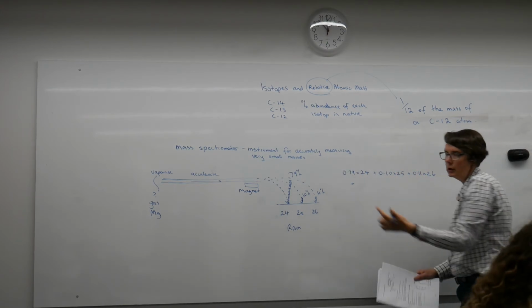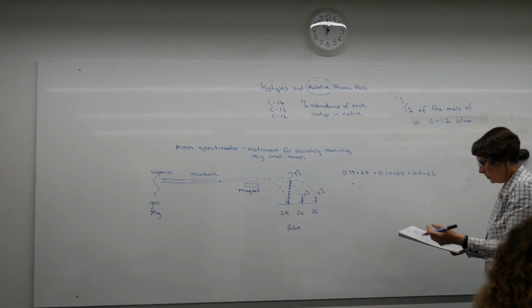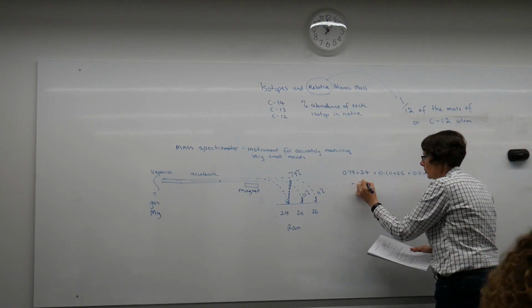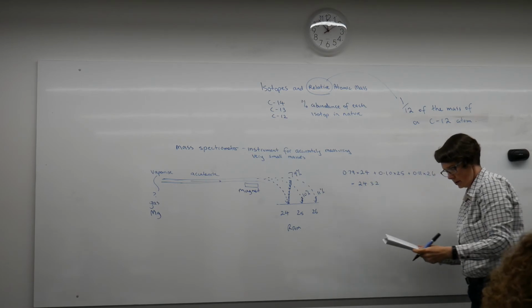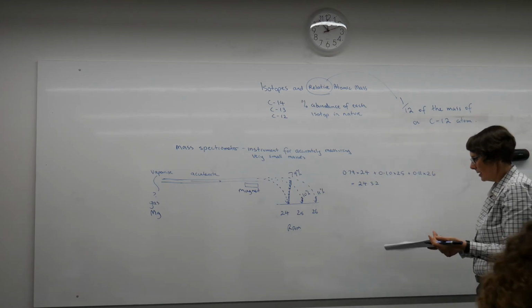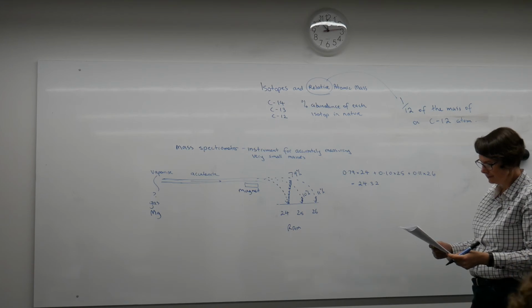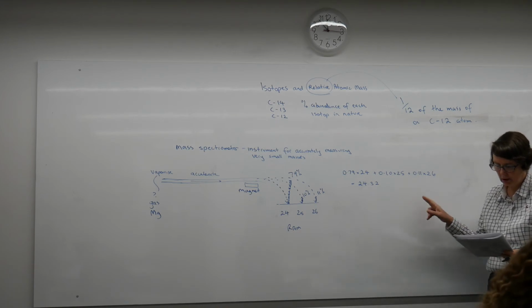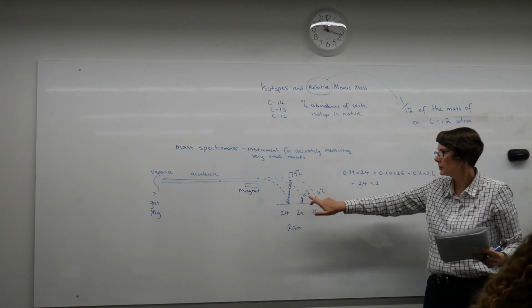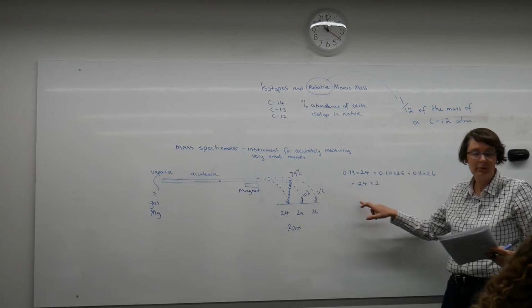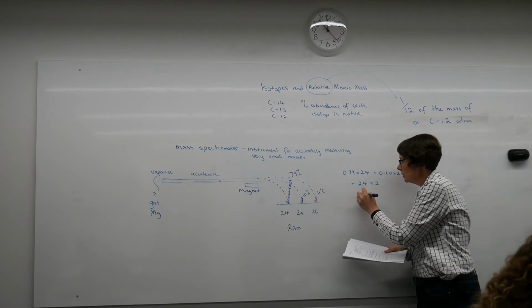Okay, by just converting that percent to a decimal, multiply them all together, we get 24.32. But because, in actual fact, we were given these percents to 2 sig figs, we really should round this to 24.